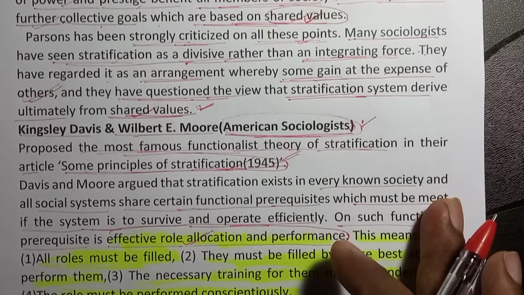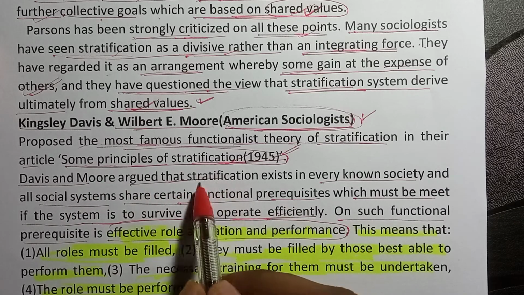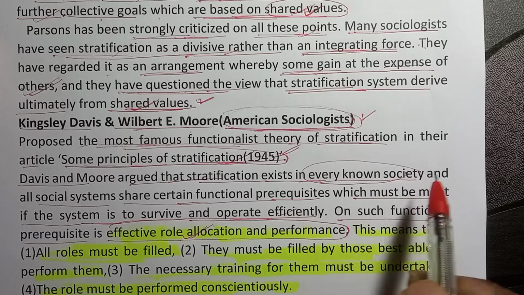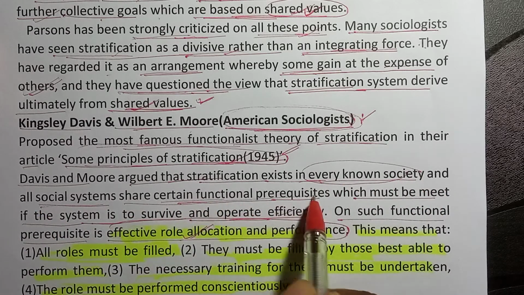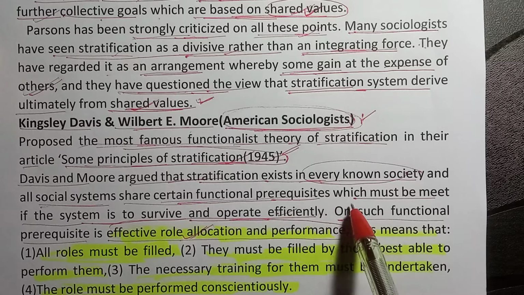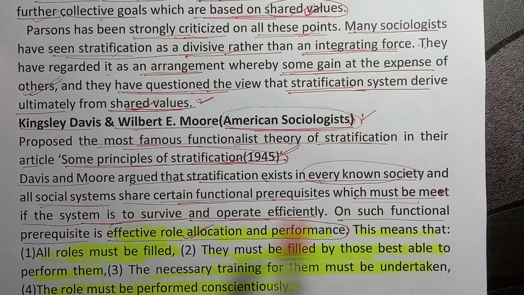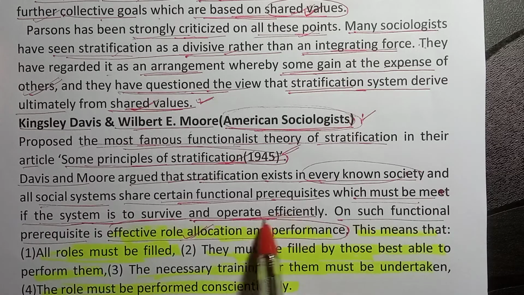Davis and Moore argued that stratification exists in every known society and all social systems share certain functional prerequisites which must be met if the system is to survive and operate efficiently.